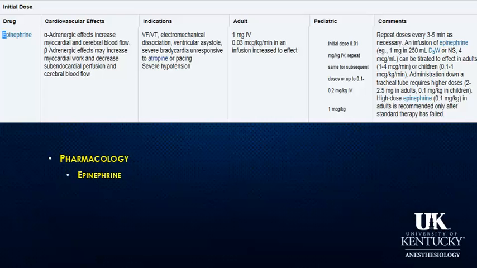The dose is 1 milligram IV and titrated by infusion. This table uses a standard concentration of 1 milligram in 250 mils, which is not the standard concentration at the University of Kentucky. However, it is worthwhile being aware of the dose of epinephrine when administered by counting drops or micro drops.